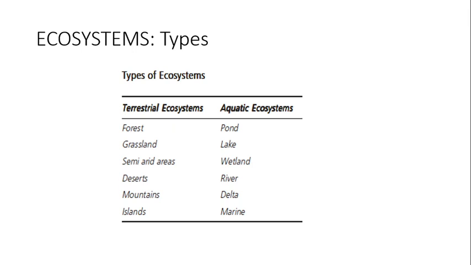So again, I am repeating that as per the definition, the ecosystem is the living community of plants and animals in any area together with the non-living components of the environment, such as soil, air, and water.